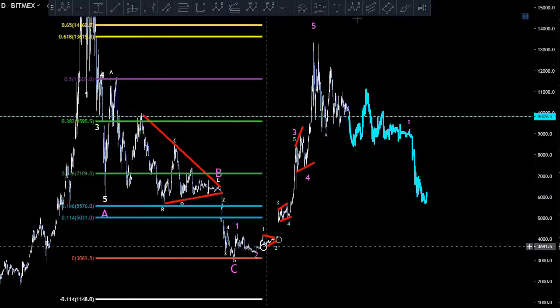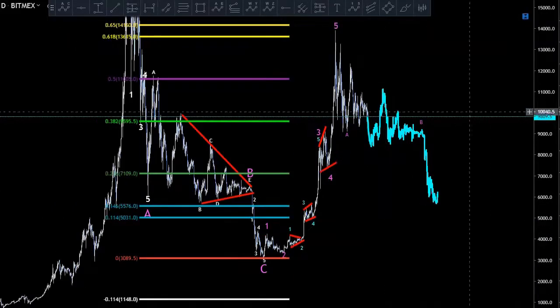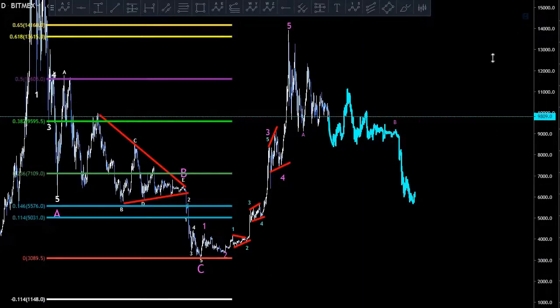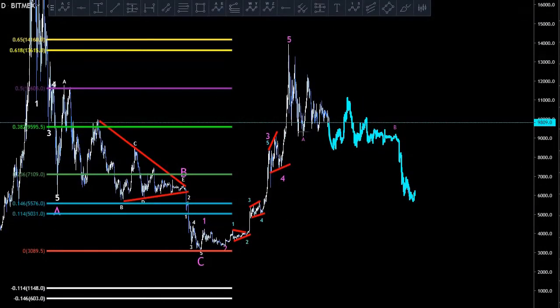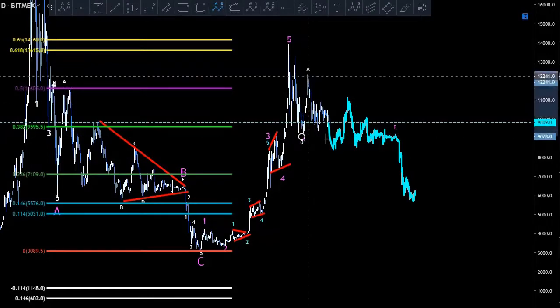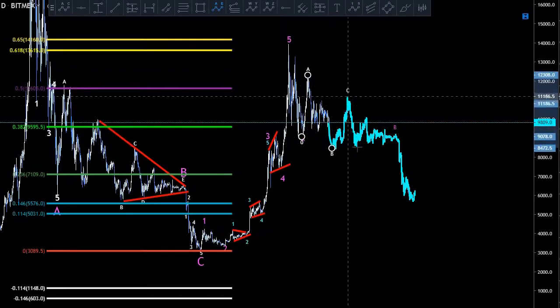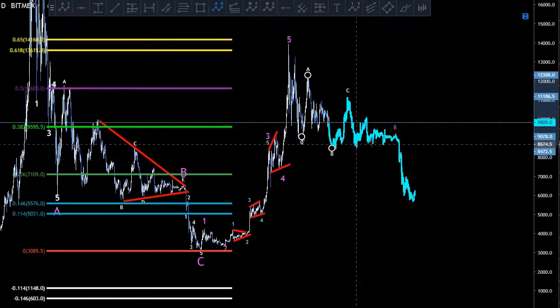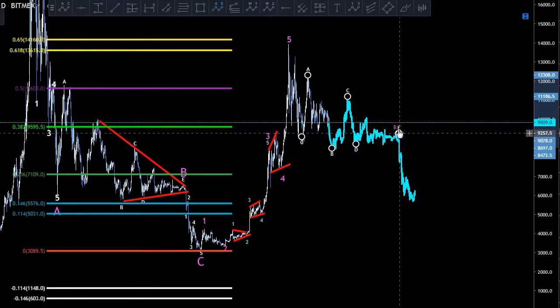Dump all the way, and then we'll probably do this again and make a big running flat X, and then we dump again to like 1k, 2k, even below 1k. So yeah, the way I'd count this is A, B, C, D, and then an E wave triangle again.